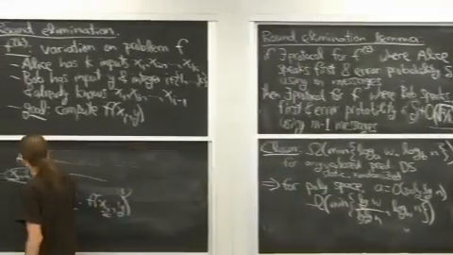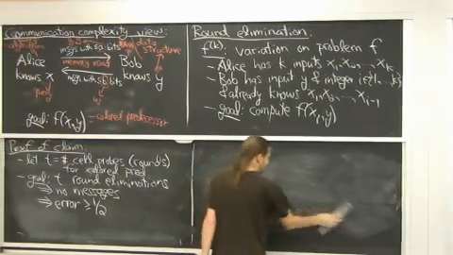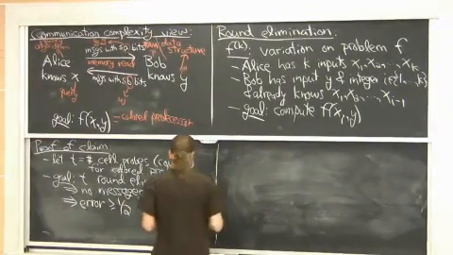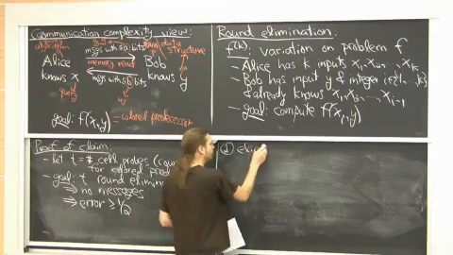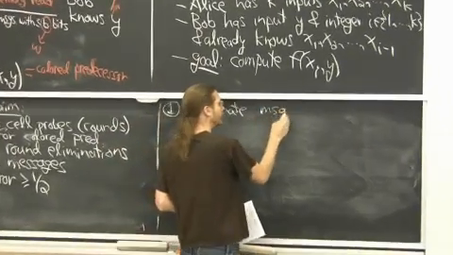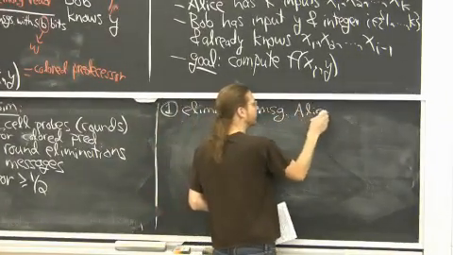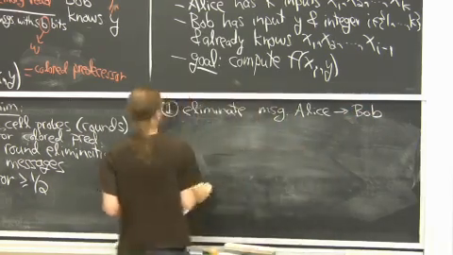We'll find out in a second. So let's do first Alice to Bob, because that's the first type of message we need to eliminate.